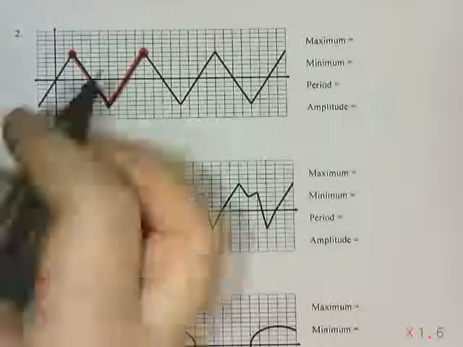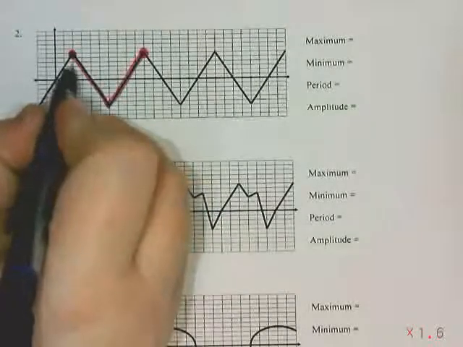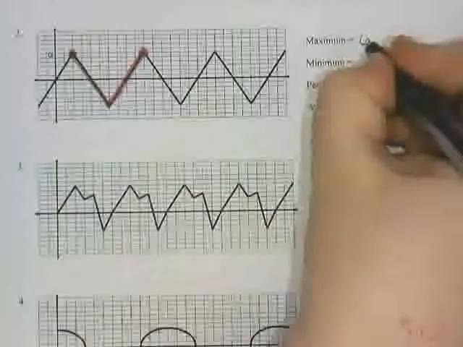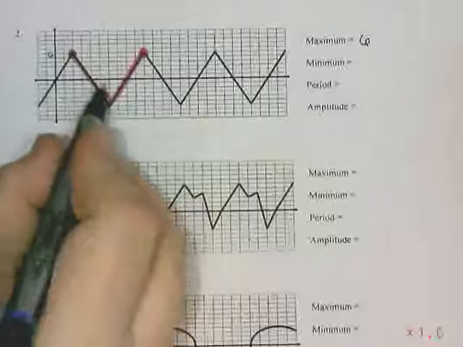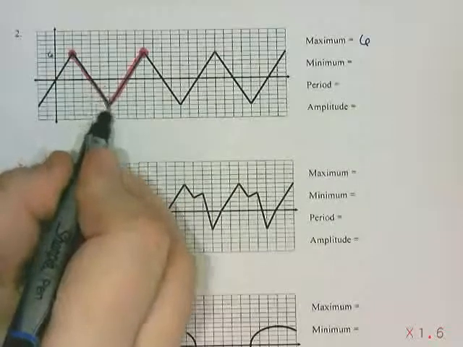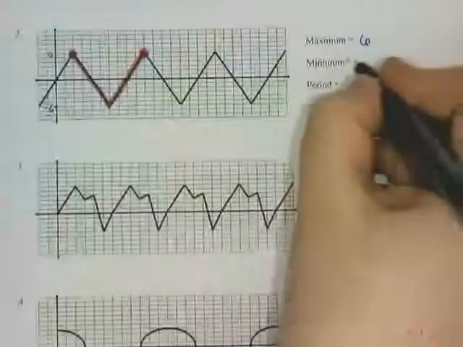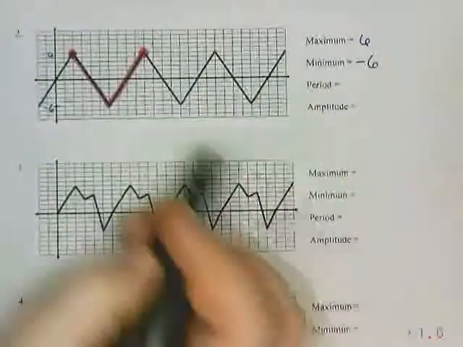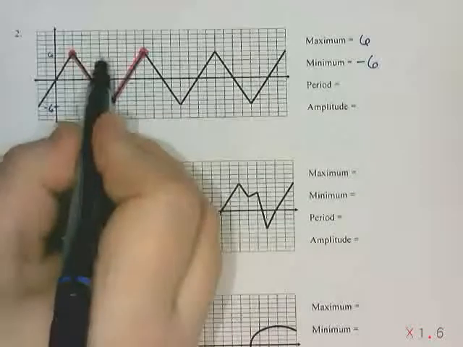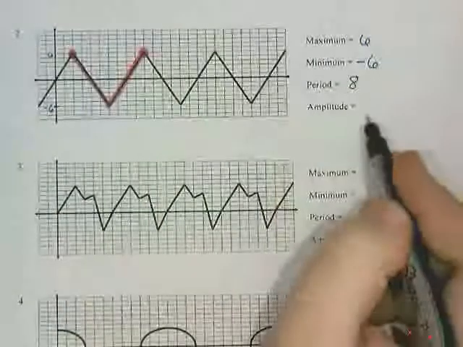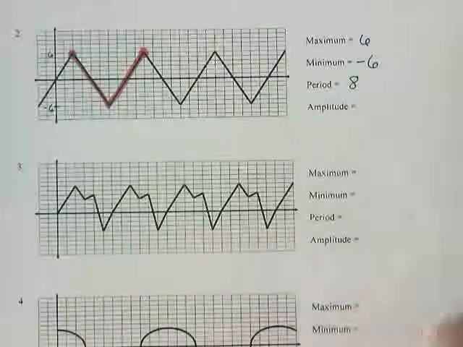So the maximum here is 1, 2, 3, 4, 5, 6. So it has a maximum of 6. And a minimum of 1, 2, 3, 4, 5, negative 6. Okay, the period is 1, 2, 3, 4, 5, 6, 7, 8. And the amplitude is half the height.